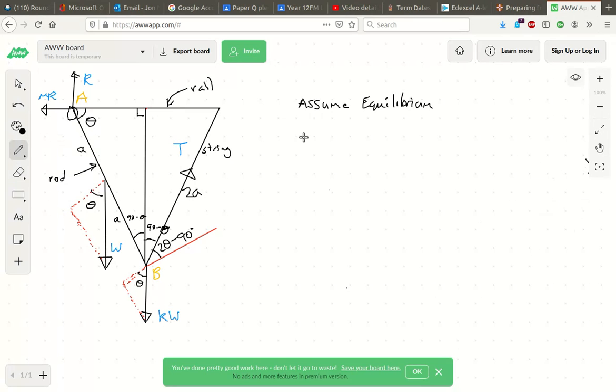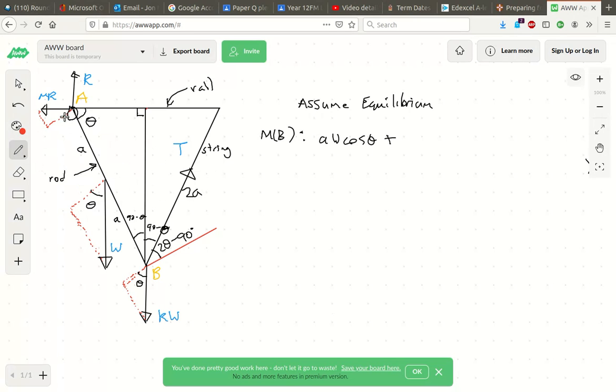Okay, so let's try moments at B this time. If I do moments at B, I now knock out the T and the KW, which is kind of nice. And I'm going to have AW cos theta again. Plus, if you look, that mu R, let's do this in red like I've done all the other perpendicular and parallel bits.